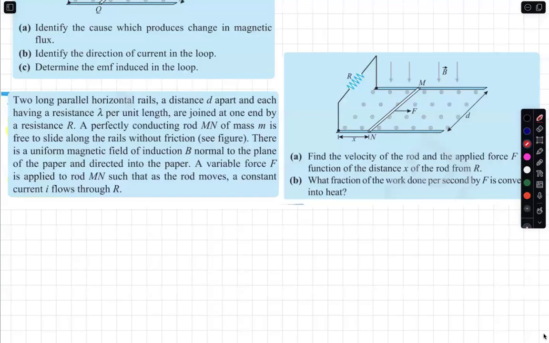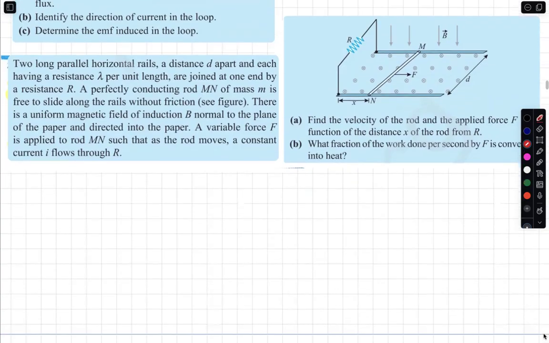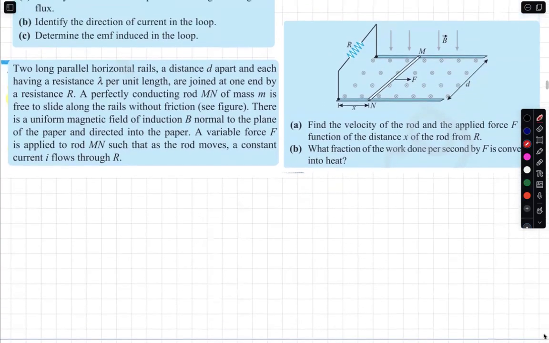Two long parallel horizontal rails a distance d apart.